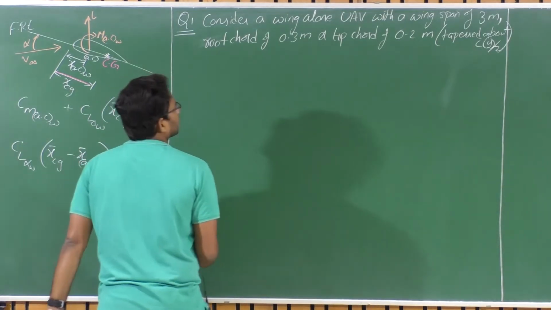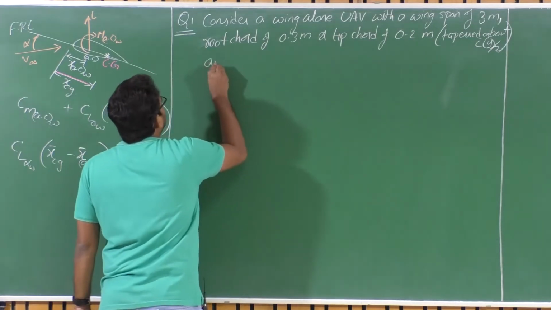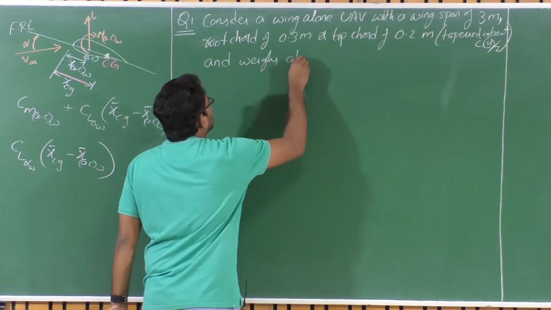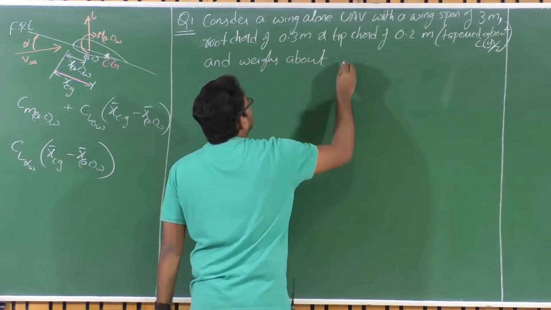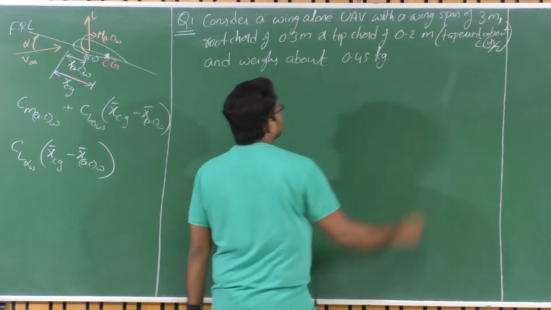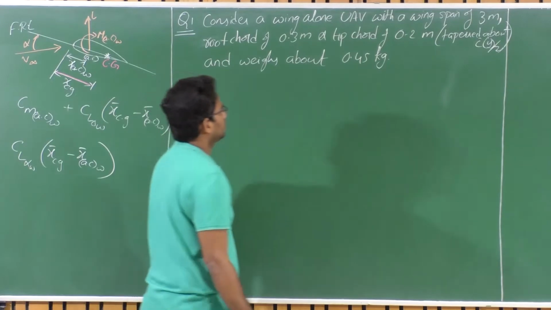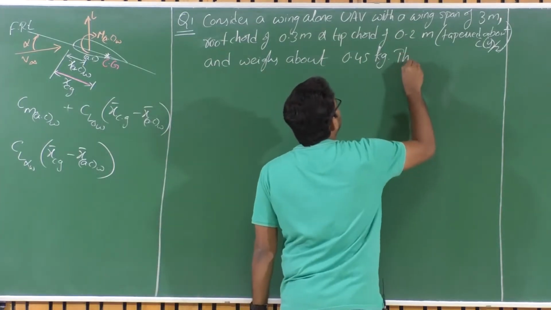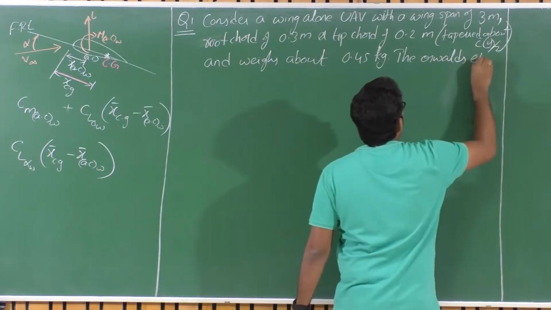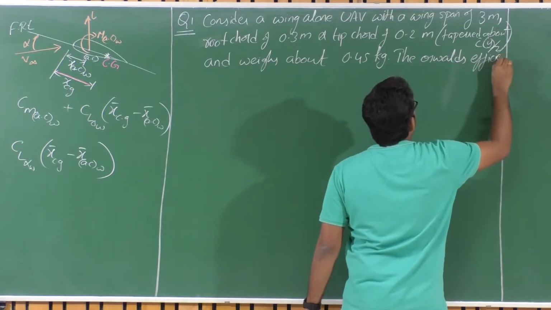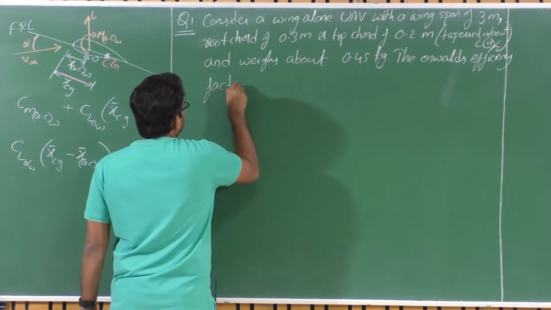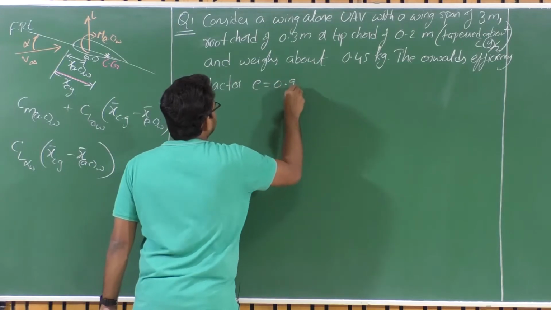Okay. And the wing weighs about 0.45 kg. The Oswald's efficiency factor e of the wing is 0.95.